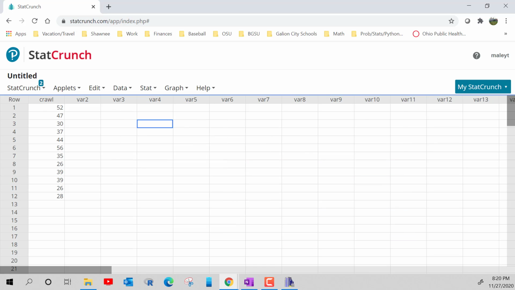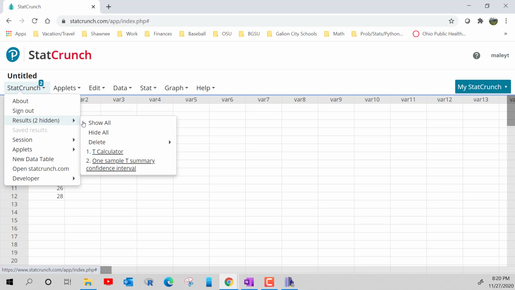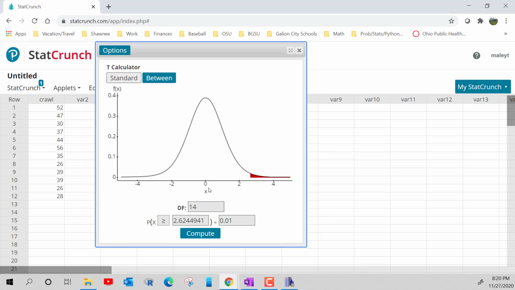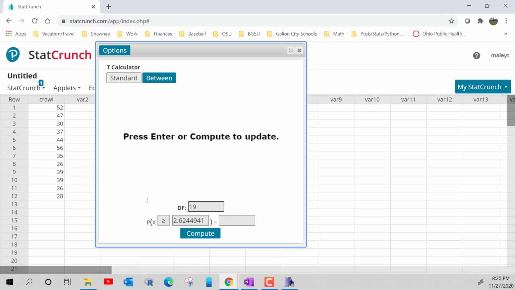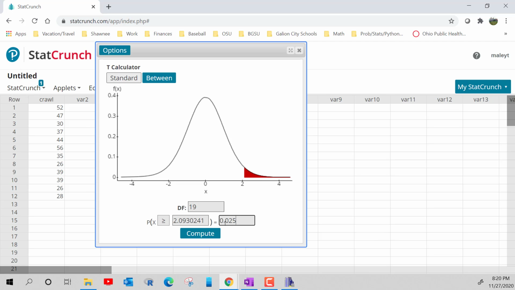I need to go to my T calculator. Degrees of freedom is 19, and I want the area to the right to be 0.025. And I get that t-score then, 2.093.